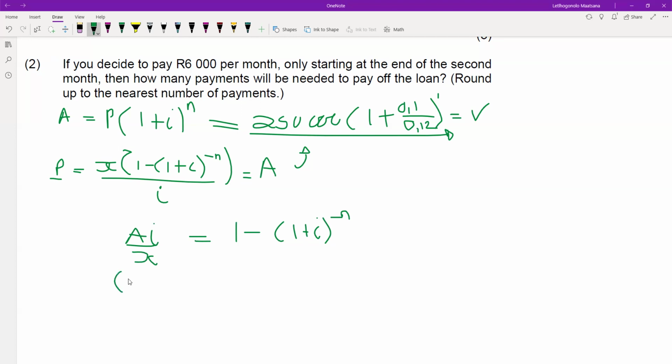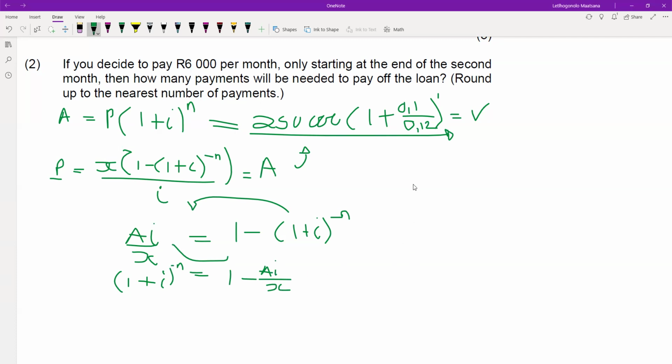So I will have (1 plus I) to the power of negative N equals 1 minus I over X. Basically, we're moving this to that side and that to this side. Then in this case, we can use the log rules to simplify for N.